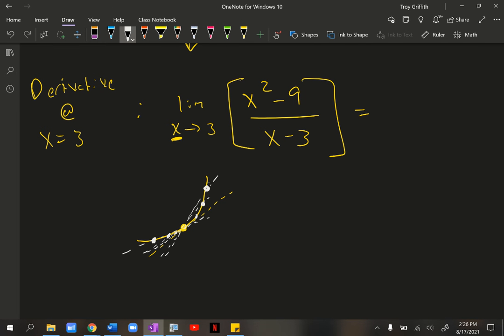And then the slope between 3.1 and 3, 3.01 and 3, 3.001 and 3. What I'm doing right here is making these points closer and closer. Eventually you'll see that as I push those points, it becomes this tangent line right here.